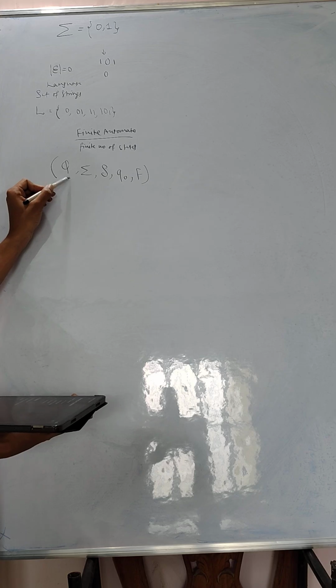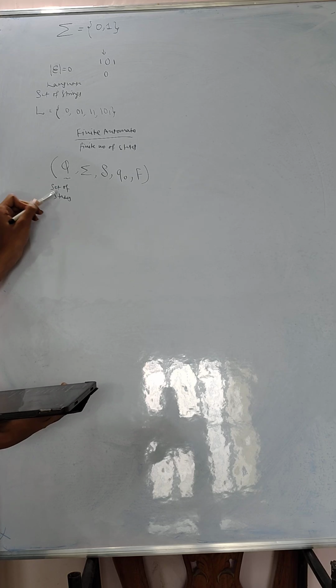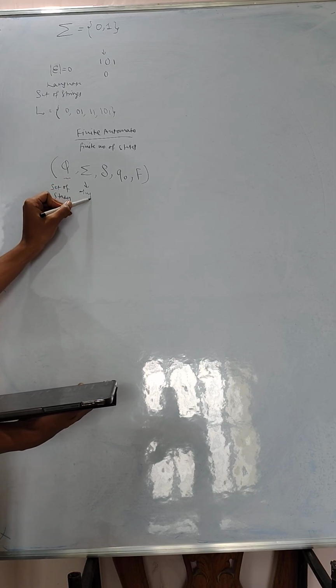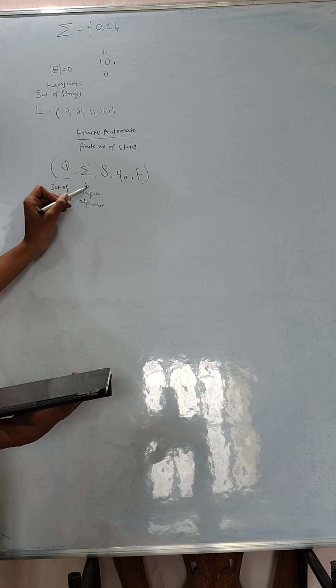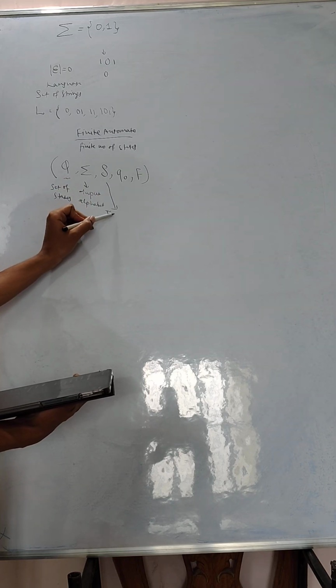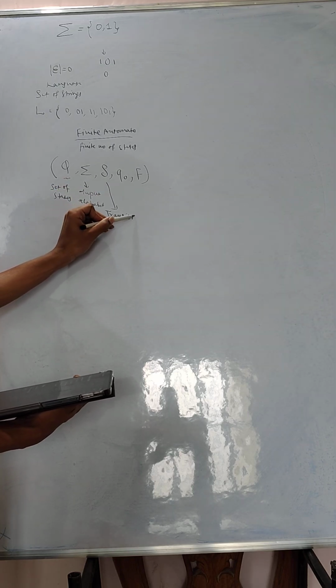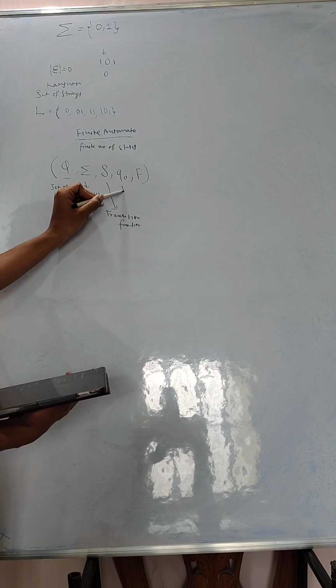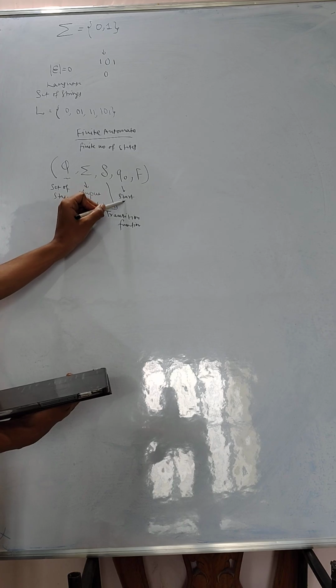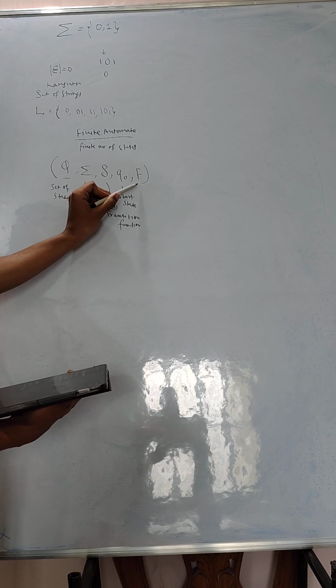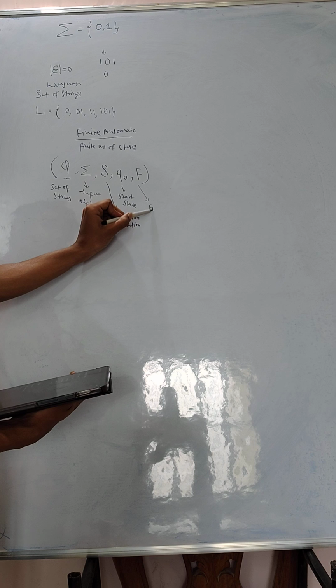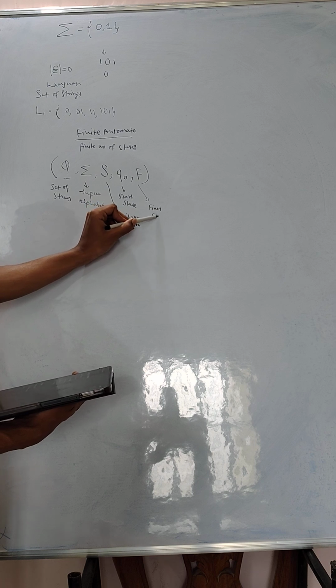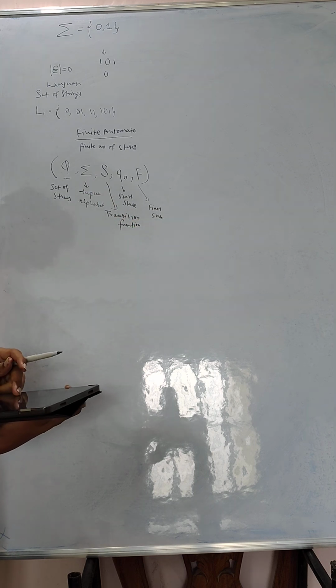Q means the set of states. Sigma is the input alphabet, rho is the transition function, Q naught is the start state, and F is the final state.